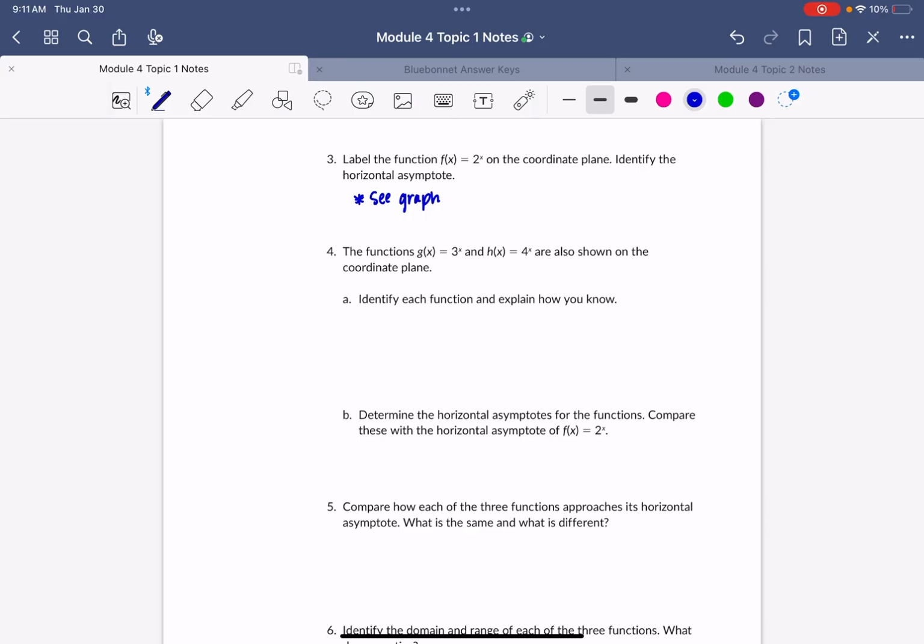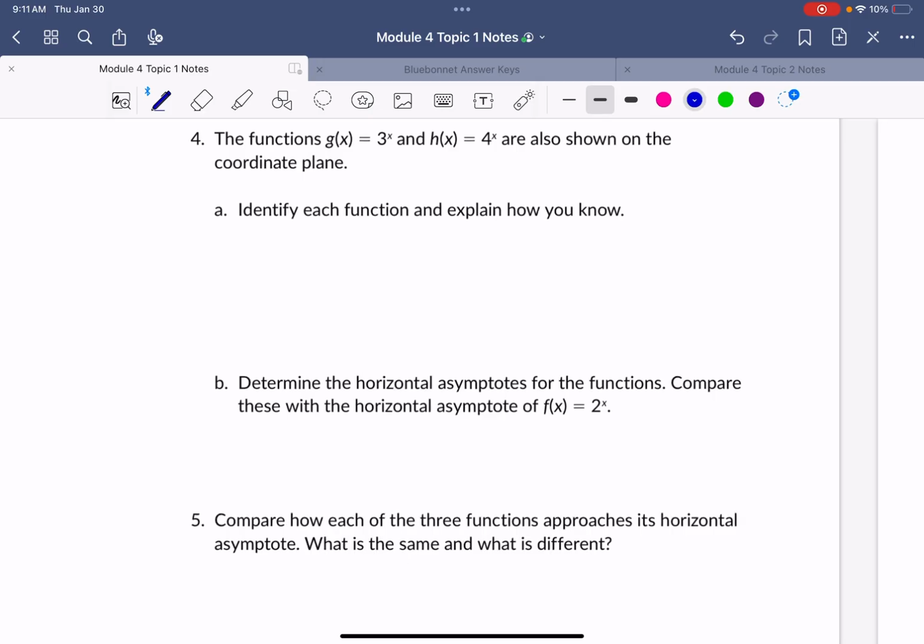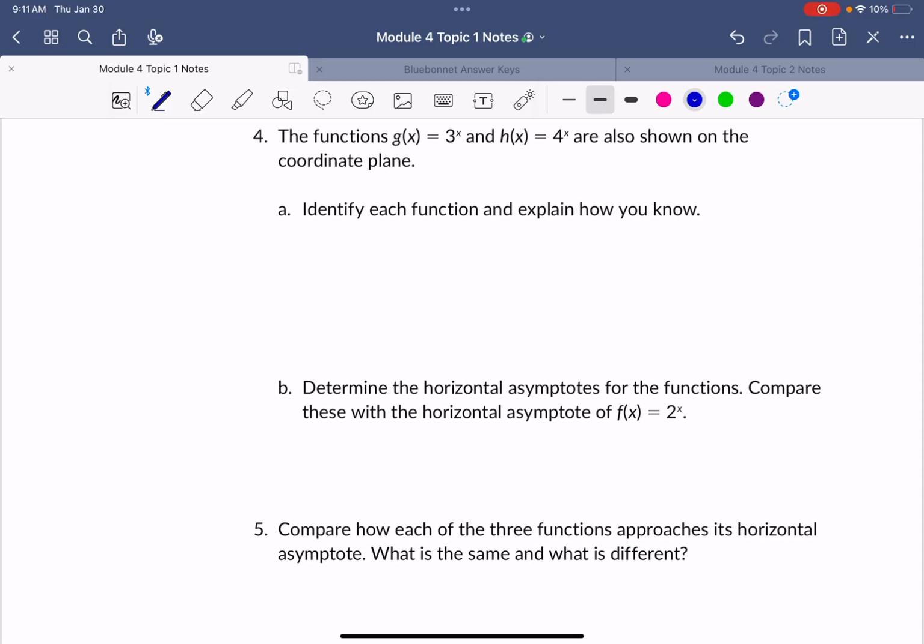Okay, so we have to explain how we know what we have. Let's go ahead and talk about that. I'm going to make them 2 colors. Let's do g of x in pink, and we'll make it h of x in purple.